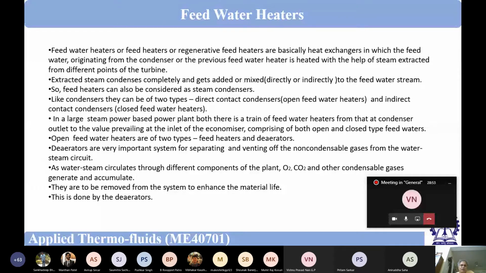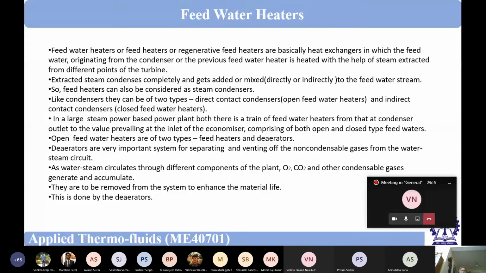So this we know, this is feed water. Extracted steam condenses completely and gets added or mixed either directly or indirectly to the feed water stream. So the feed water heaters can be considered as steam condensers. Basically they are heat exchangers, but they can also be considered as steam condensers.